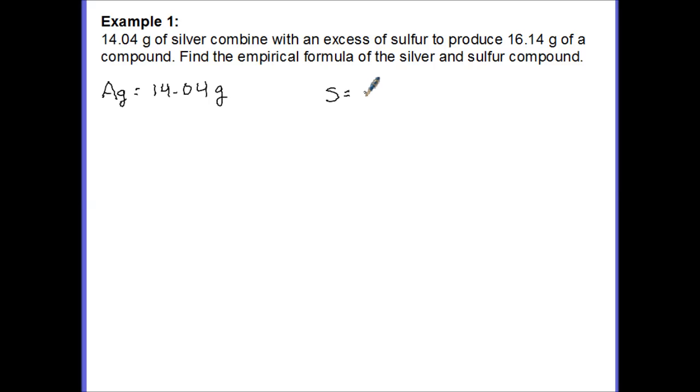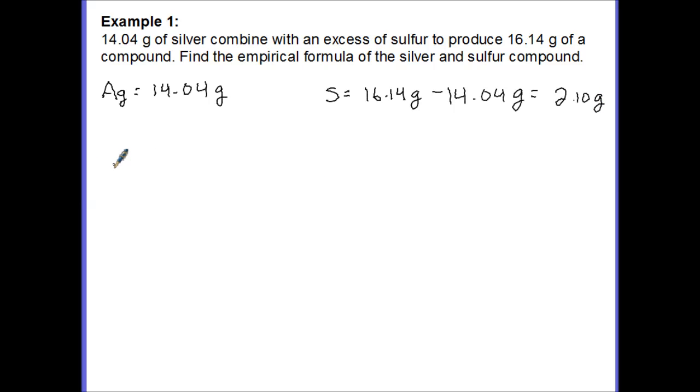If the compound is 16.14 grams, you subtract the silver from it: minus 14.04 grams, and we get approximately 2.10 grams of sulfur.